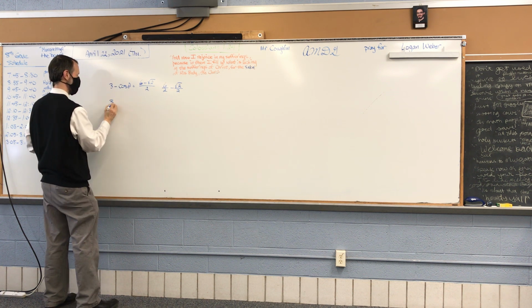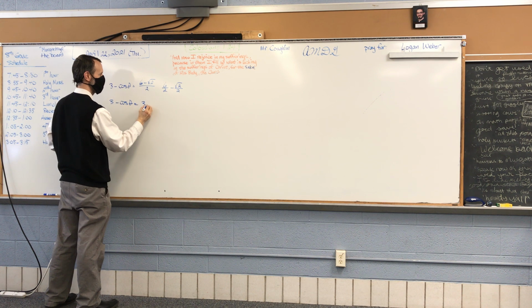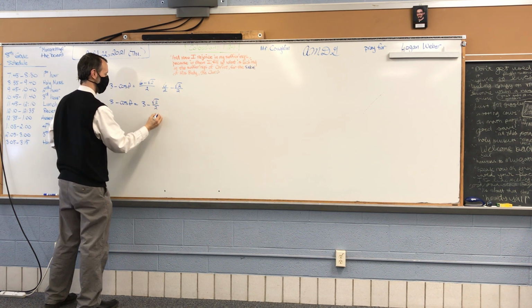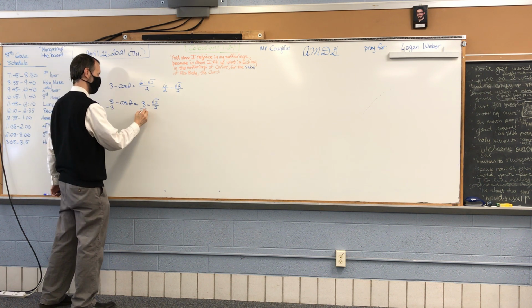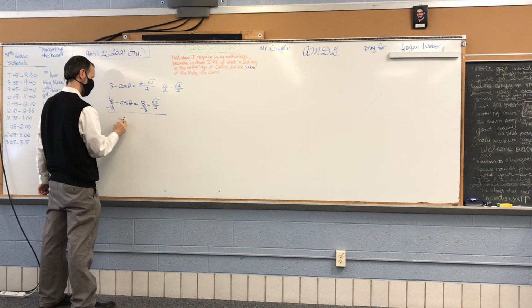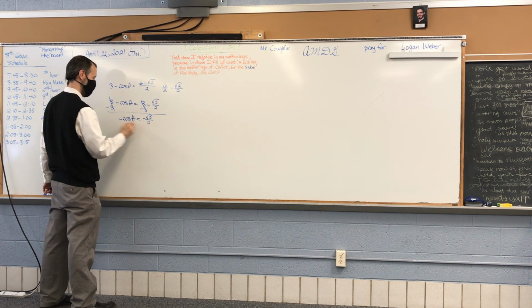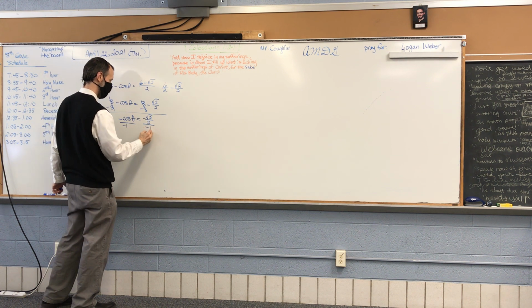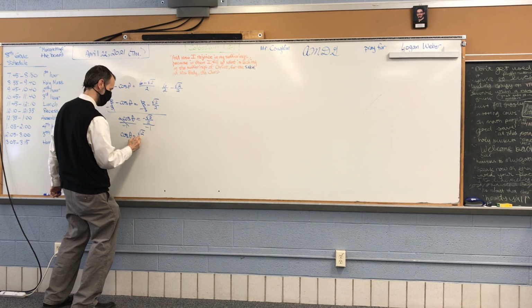So what this really is, 3 minus cosine of theta is equal to 3 minus radical 2 over 2. I'm going to subtract 3 on both sides because I'm trying to get cosine by itself. Negative cosine of theta equals negative radical 2 over 2. Divide both sides by negative 1. Cosine of theta is radical 2 over 2.